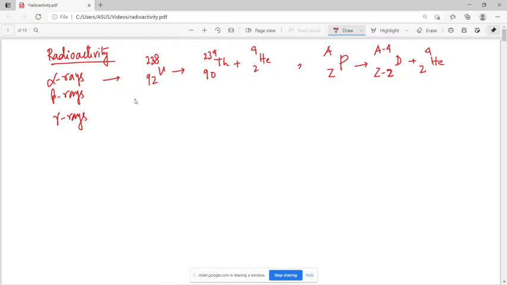Now consider the beta rays. We know that beta rays are deflected by the magnetic field in the direction opposite to the positively charged alpha ray. There are beta minus and beta plus decays.